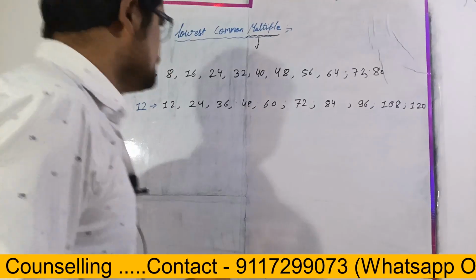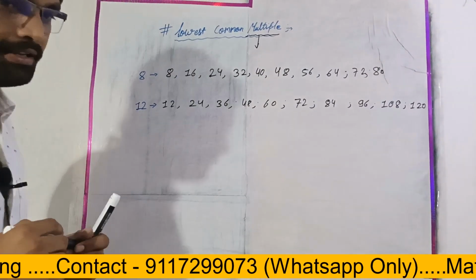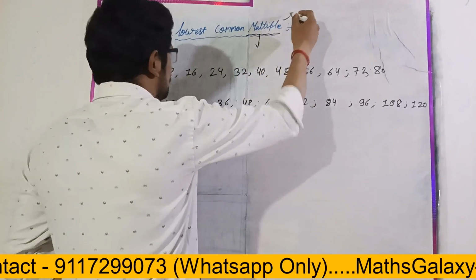Okay. So these are the multiples of 8 and 12, right? We have done the word multiple.